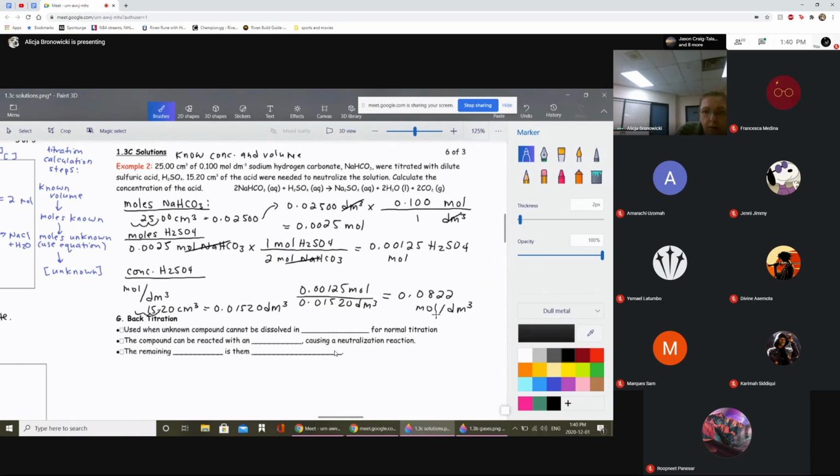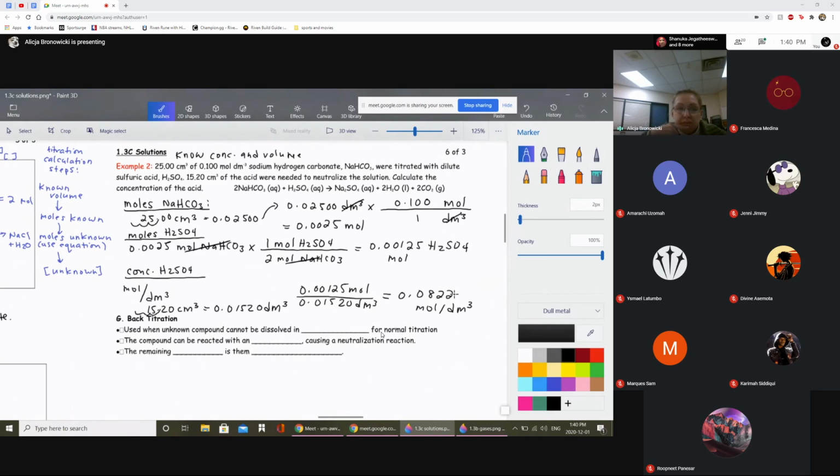Okay. Wait, is that the right number of sig figs? 4 sig figs, 3 sig figs, 4 sig figs. So I need to do it to 3. Yep, so that's right. Okay, so that's the concentration of my sulfuric acid.